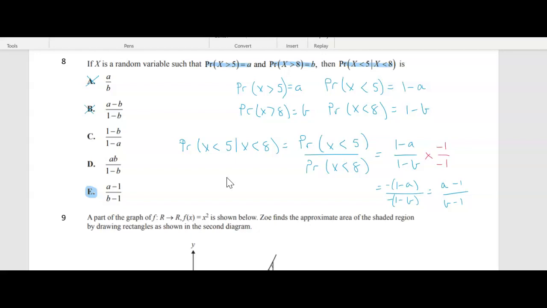And C, we can see it could be, looks similar. It's just A and B are around the other way. Okay, so I'm just wondering if you could also do substitution. Yep, you could also substitute in a value for A and B also.